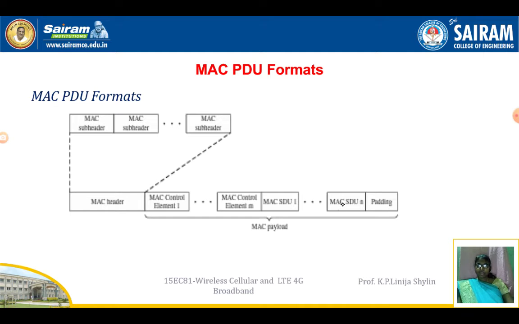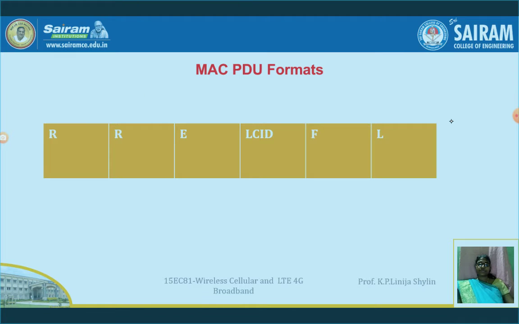Next is the MAC control element, so it can be 0 or more than 1. And this is the padding, that is optional padding. So these all are the components or the formats which are included in the medium access control layer protocol data units.